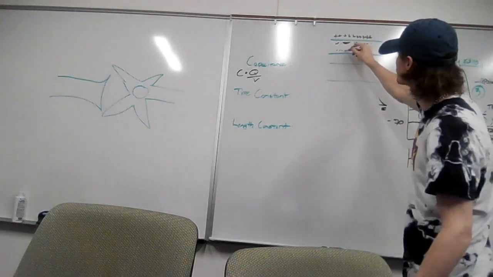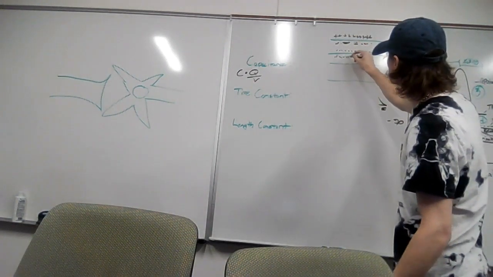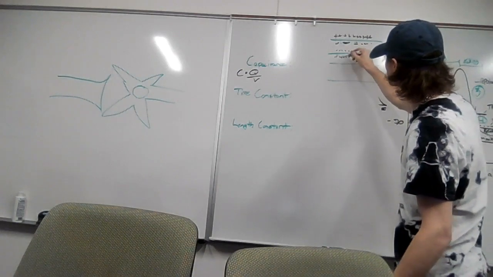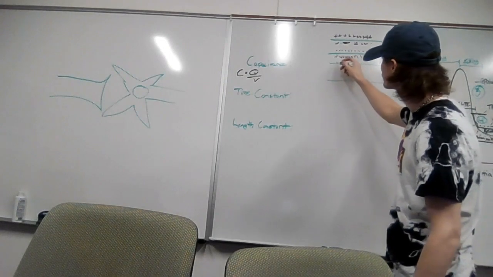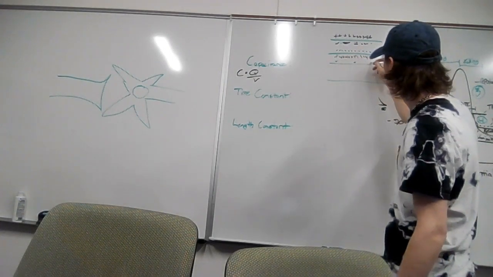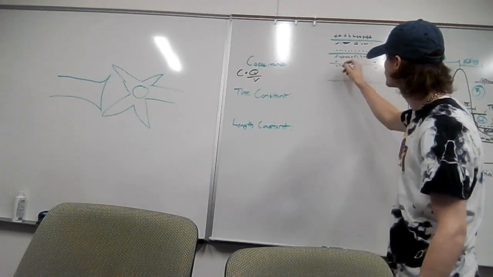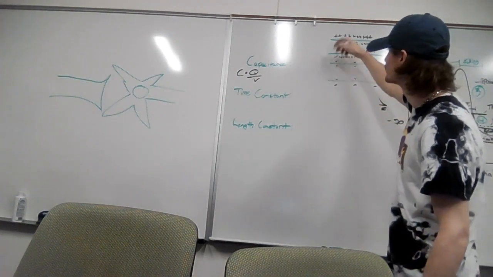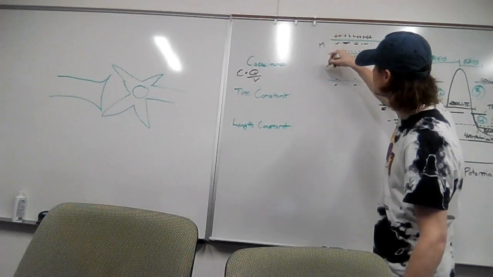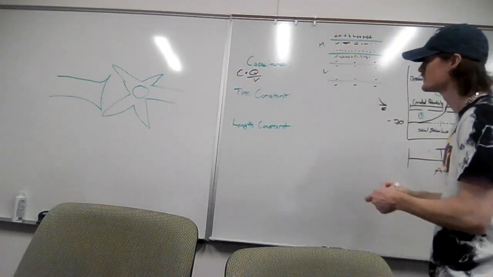Are we going to have a whole lot of these charges? Imagine these are all pluses too. Or are we going to have one like this where we only have a couple? This is very different in capacitance. This is going to be very high. This is going to be very low.